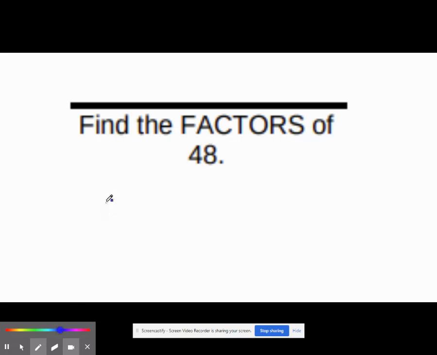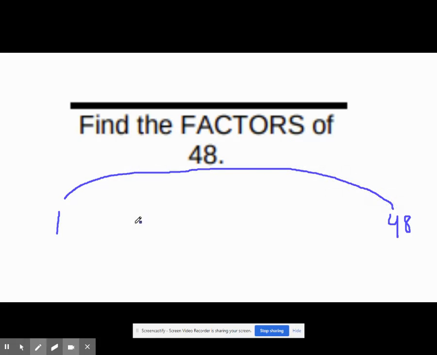All right, so factors of 48. Well, we use the rainbow method here. 1 and 48, of course, are both factors of 48. That's the easiest set we've got, but we'll go ahead and do our little rainbow. All right, now we have, we'll put a little comma here too. Of course, because this is an even number, we know it's a multiple of 2, and it would be 2 times 24.